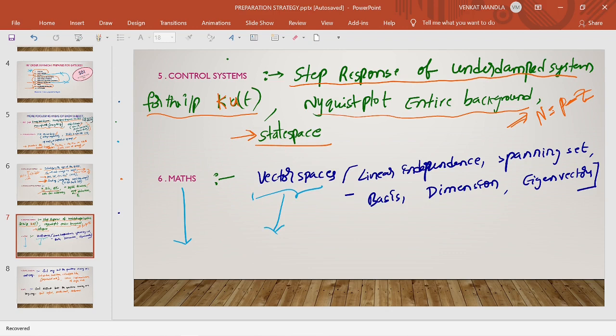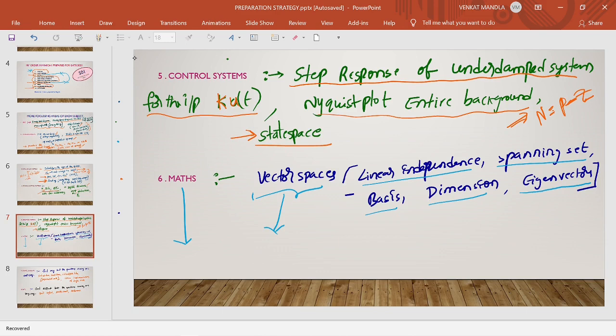But nowadays more focus is on vector spaces: linear independence, spanning set, basis, dimension. Anyway, we learn eigenvectors, but there is a relation between vector spaces and eigenvectors. That relation you must know. You cannot skip this topic. Every time you are getting a 2 marks question from vector spaces.